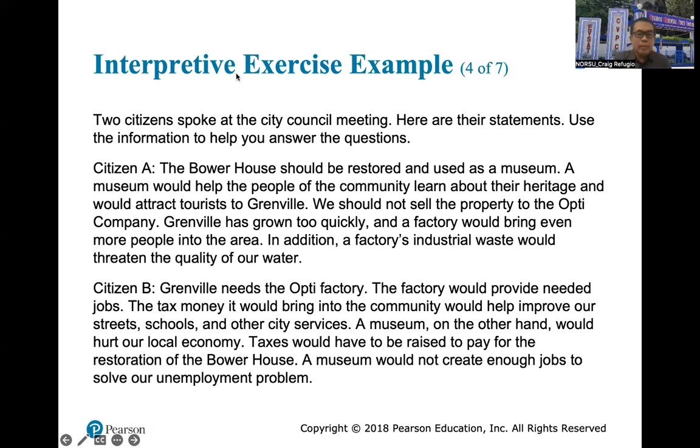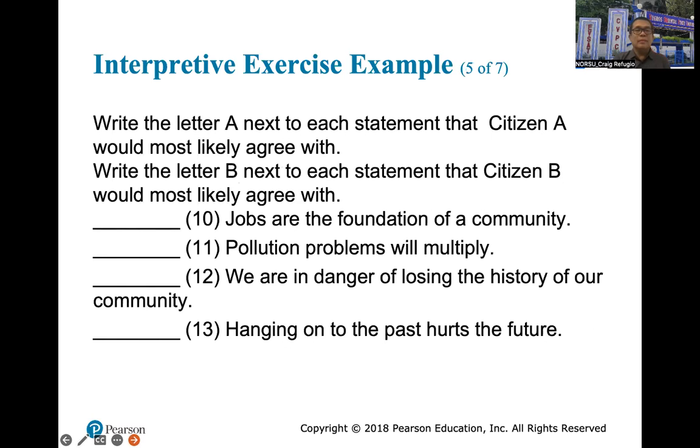Okay. So given the two citizens who spoke at the city council meeting, the statements are provided on the screen, citizen A and citizen B. Then these are the questions. Write letter A next to each statement that citizen A would most likely agree with.